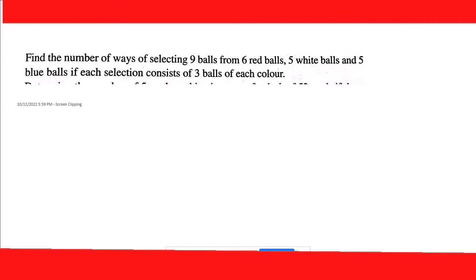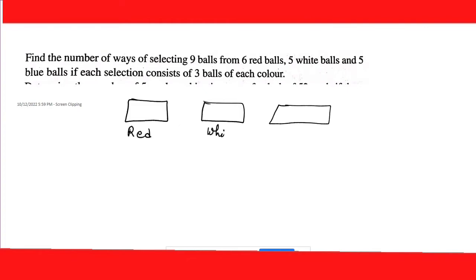Listen. We have a question. Find the number of ways of selecting 9 balls from 6 red balls, 5 white balls, and 5 blue balls. That means I have 3 boxes having different colors of balls: this box contains red balls, this box contains white balls, and this box contains blue balls. Here 6 red balls are present, here 5 white balls, and here 5 blue balls. Now we have a basket where I have to put 9 balls taken from these boxes.